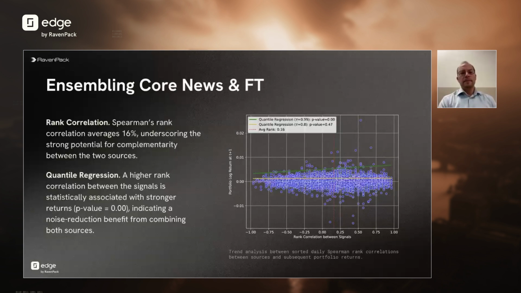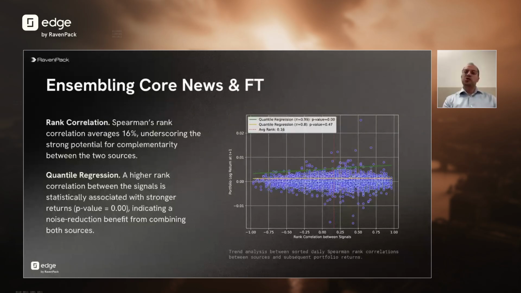And why do we emphasize the extremes more? If we look at the Spearman's rank correlation, on average, we see about 16% correlation between core news and the Financial Times scores, which underscores the strong potential for complementarity between the two sources.